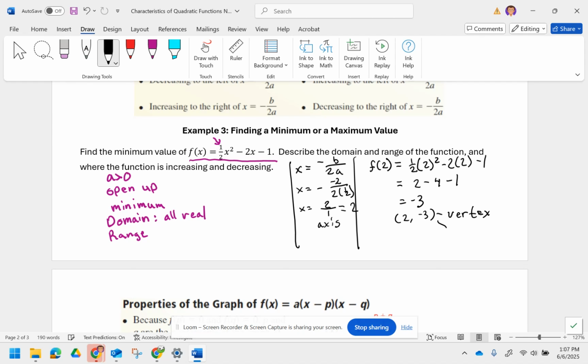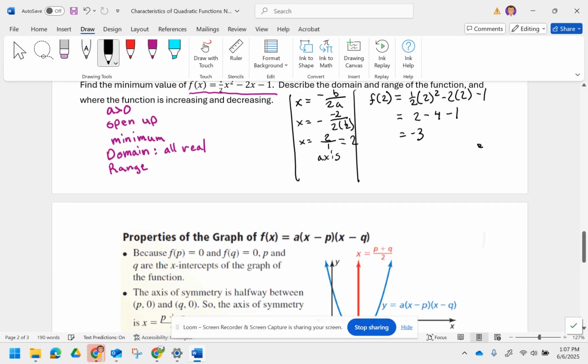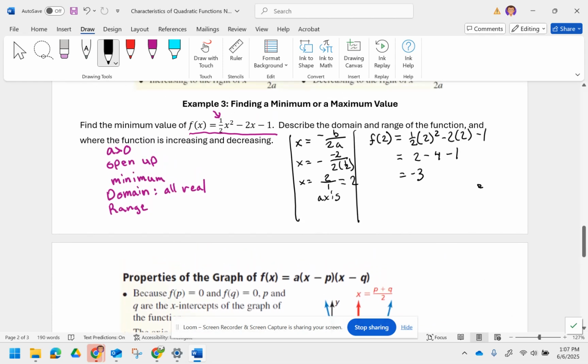This also happens to be the minimum. Great, just randomly disappearing stuff. All right, but that does give us our range. Our range is going to be, since that's a minimum, all the numbers greater than negative 3.